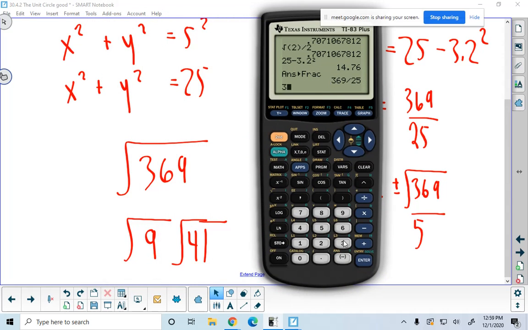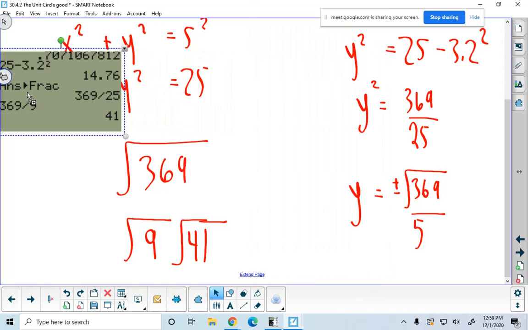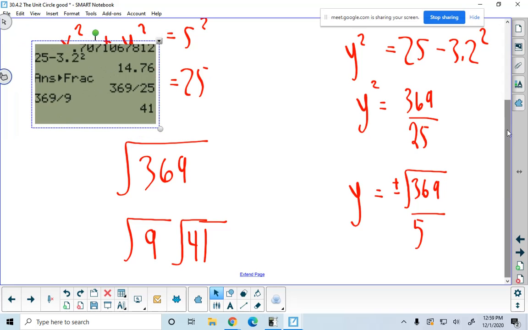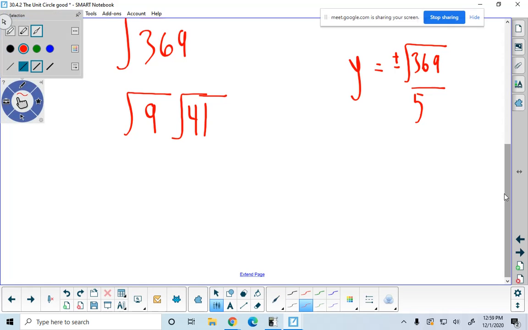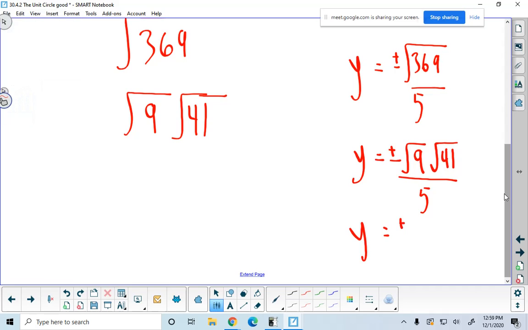So I'll just check. 369 divided by 9. No, it is 41. And that means that y is equal to plus or minus root 9 root 41 over the root 25. Y is equal to plus or minus 3 root 41 over 5.